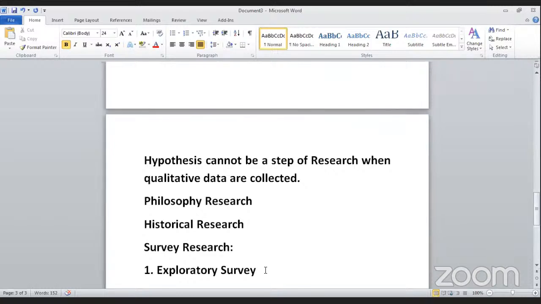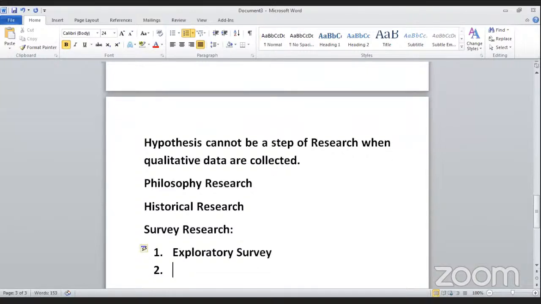The ONGC people, they do exploratory survey. Then another is the descriptive survey. Whenever you want to describe anything, you cannot have the hypothesis because the majority of the information will be qualitative in nature.